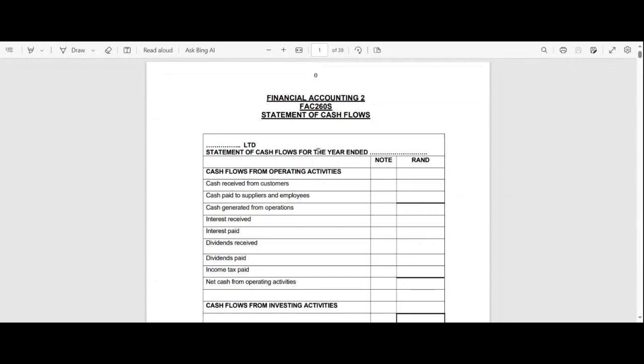We identify the period that it belongs to, in this case the year ended, let's say, 28th of February 2021 or whatever. We obviously have a column for notes, and we identify our reporting currency, right?